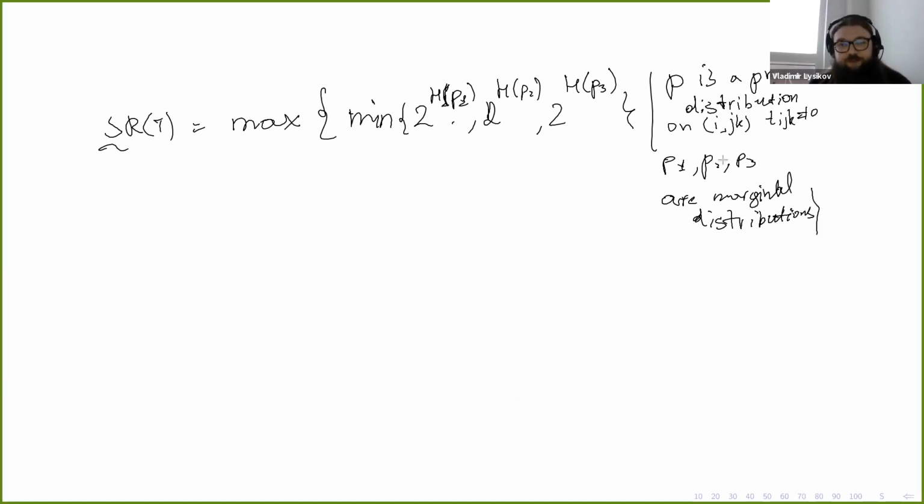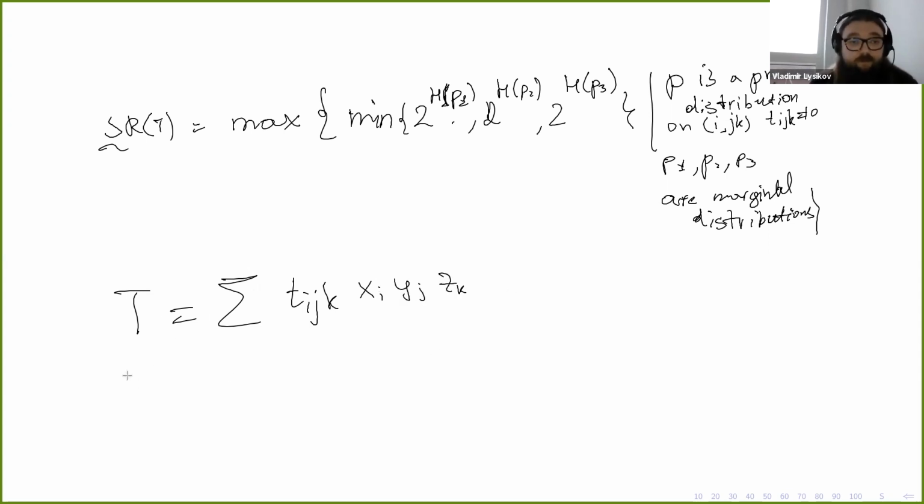And this actually is not very hard to prove. So if you have a tensor T, which is given by T_ijk, then its high Kronecker power would be given as follows.